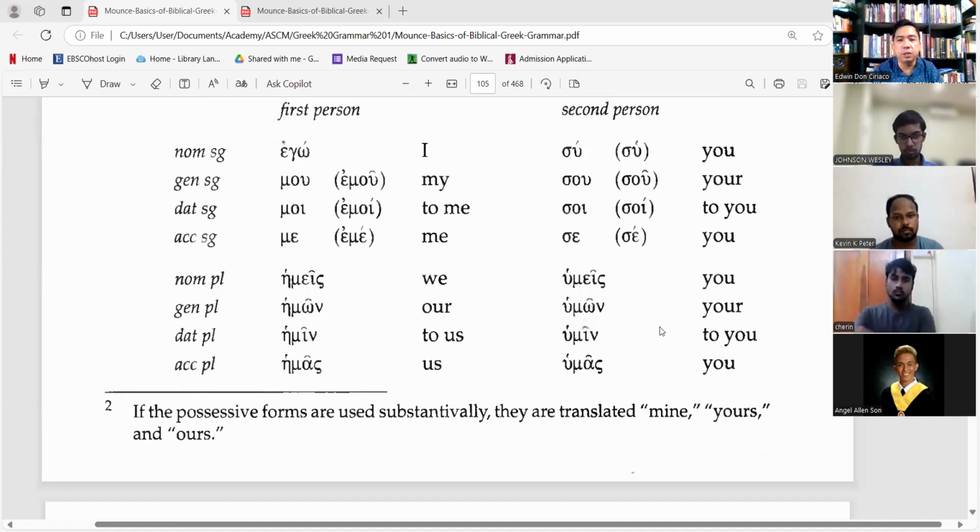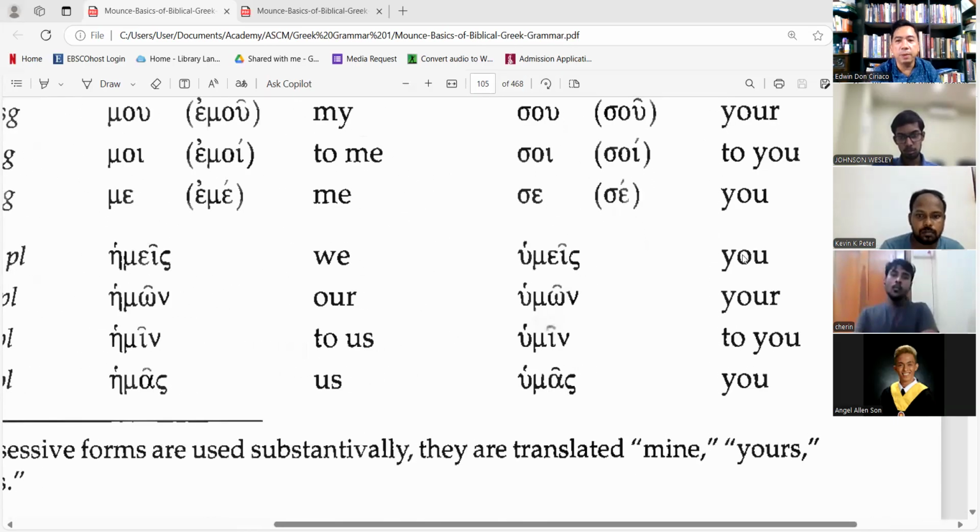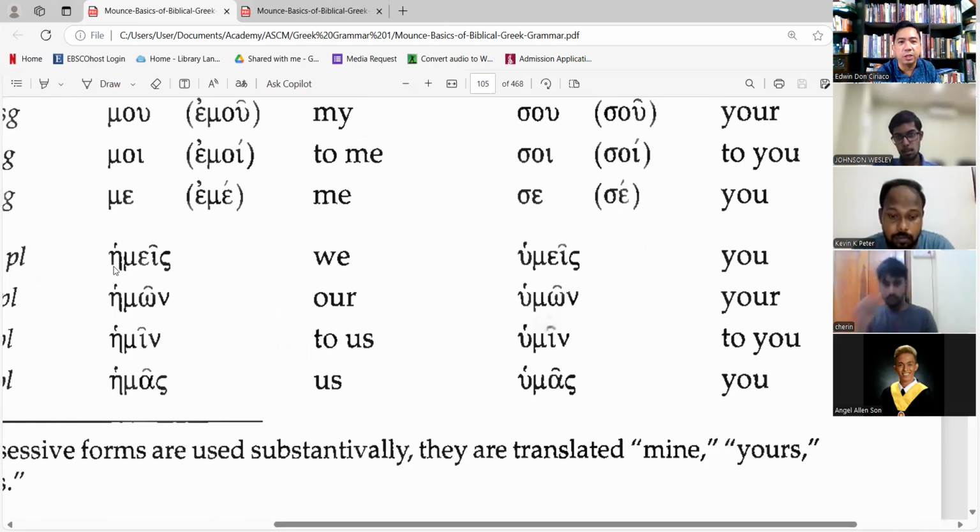The key in understanding here is to remember the word you. You think of the upsilon, because upsilon is the Greek letter that gives you in English. So you think of the letter U because that is the one that differentiates itself from hemeis. Hemeis is first person, and it uses an eta. I'm telling you because this is the way to memorize.